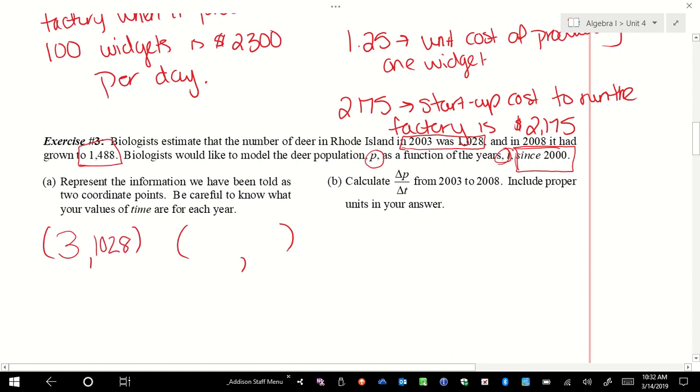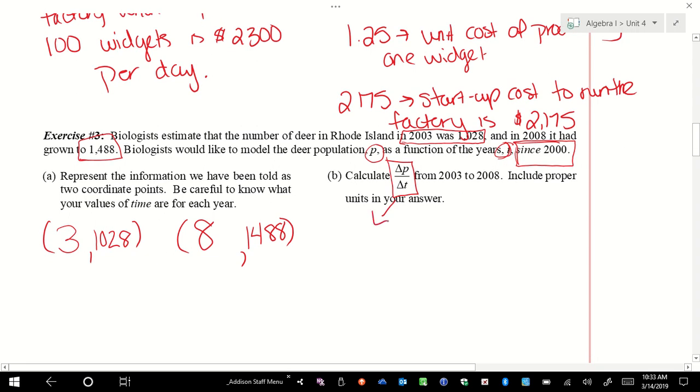And then the next one is 2008. How many years from 2000 to 2008? 8 comma 1488. Now that we have the 2 coordinate points, remember this fancy little saying just means slope. So let's do our slope. Whenever I hear the word slope, I'm saying, okay, y2 minus y1 over x2 minus x1. So go ahead, solve that.